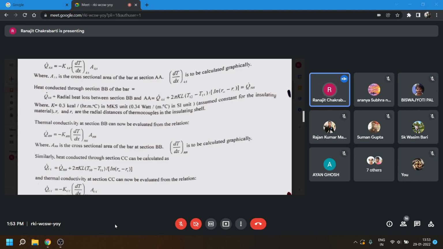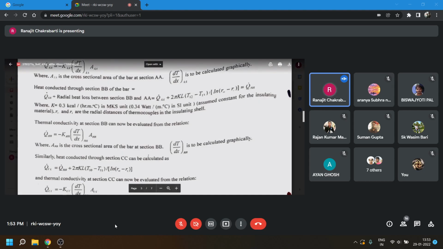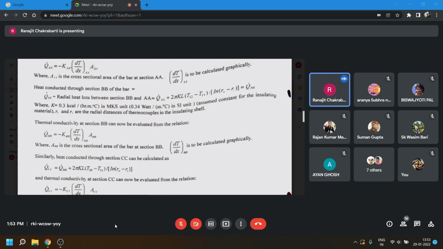There we will see that if you have a cylinder with a radius Ri and RO, in the radial direction, the heat transfer in the steady state through a length L of the cylinder is given by twice pi K into L, where K is the thermal conductivity of the cylinder material. L is the length of the cylinder. This is the difference in temperature, inner temperature minus outer temperature, divided by log of R outer divided by R inner. So this equation you'll see there. We have applied that equation.